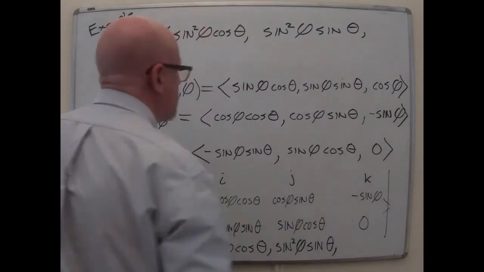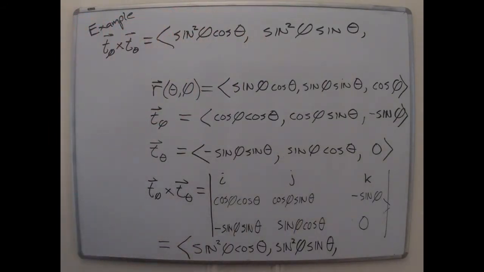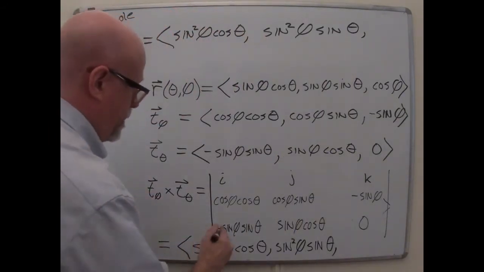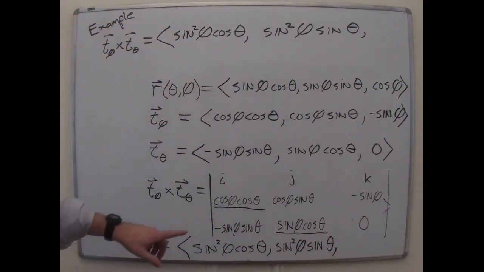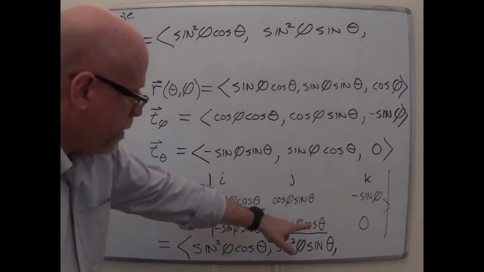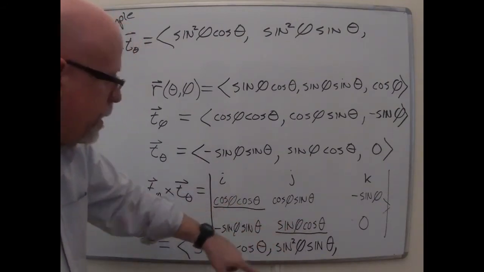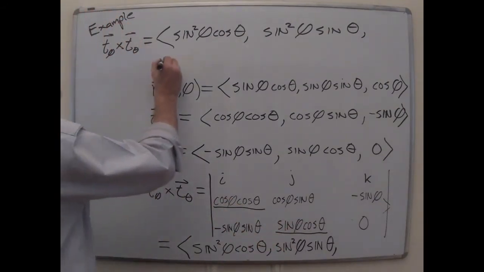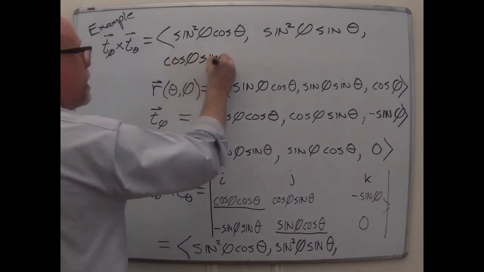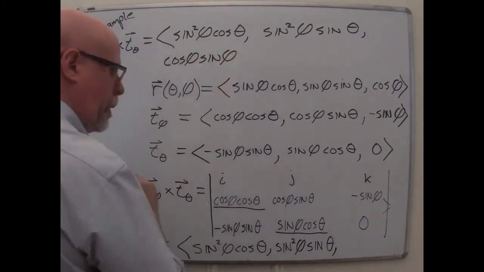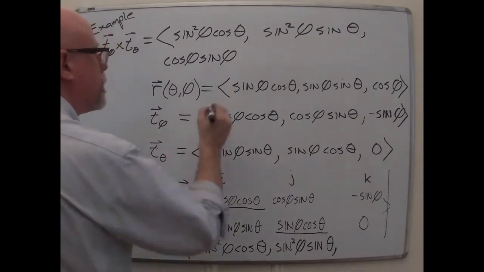And then I'll move down for the last piece. That one times this one. What is it? There's two cos thetas. There's a cos phi and a sine phi. So I believe that's cos phi, sine phi, cos squared theta.